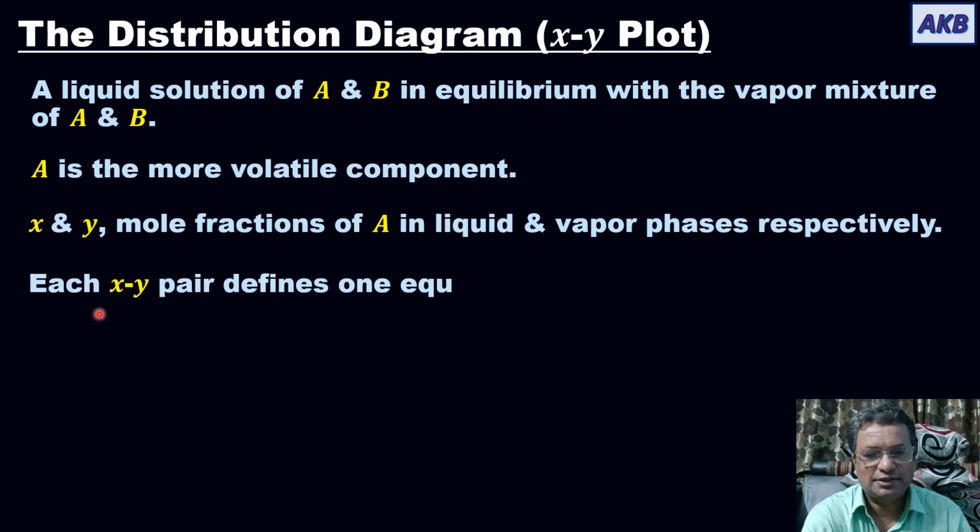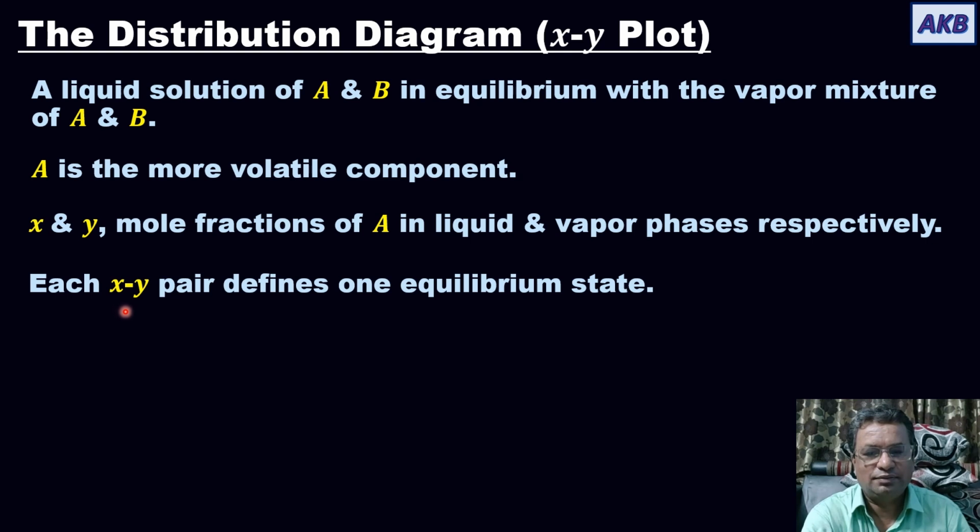Then, in this case, if the two phases, that is vapor and liquid phases, are in equilibrium with each other, then the concentrations of A in those phases, X in the liquid phase and Y in the vapor phase, form an XY pair.